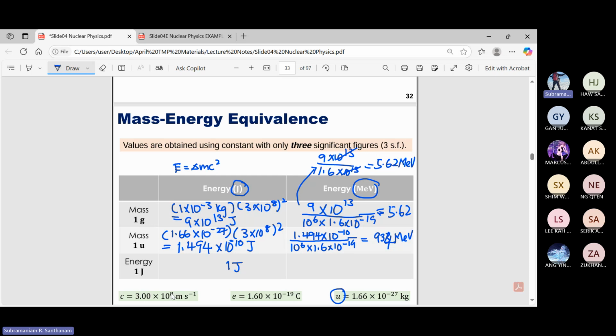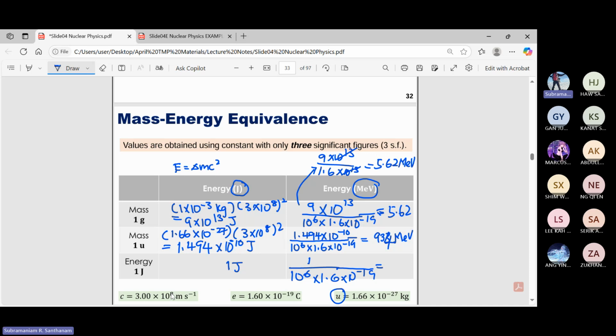So if I have 1 joule and want to change it to MeV, I have to divide by 10 power of 6 times 1.6 times 10 power of minus 19. Then you have converted that into MeV.